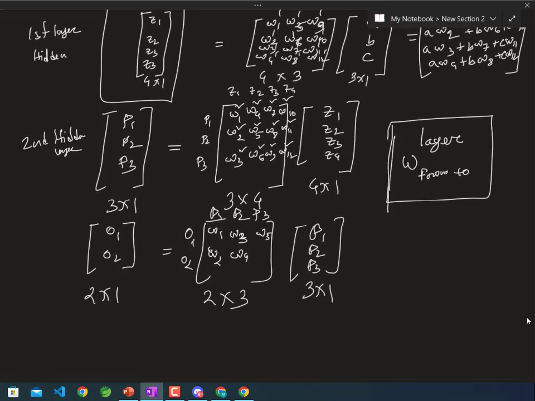That does not mean it's a cube, it means the connectivity of the third layer connection. So the first layer connection, the second layer connection, and this is, if you can consider it, third layer or output layer for this neural network as well.